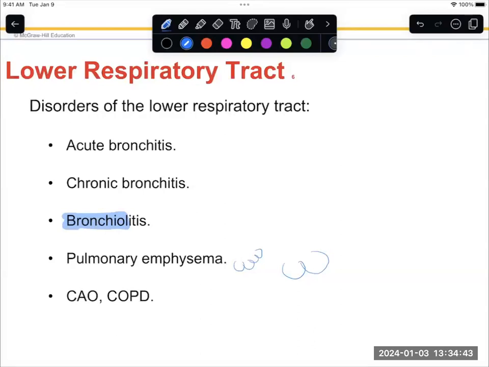CAO, chronic airway obstruction, is commonly known as COPD, chronic obstructive pulmonary disease. And COPD can be, as I mentioned, pulmonary emphysema, also chronic bronchitis.